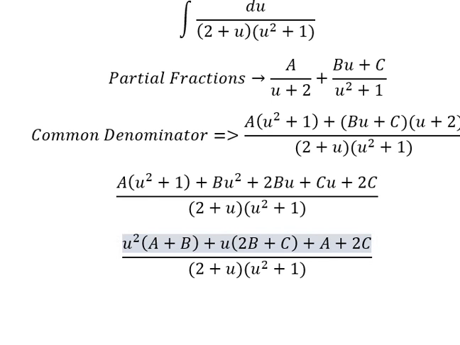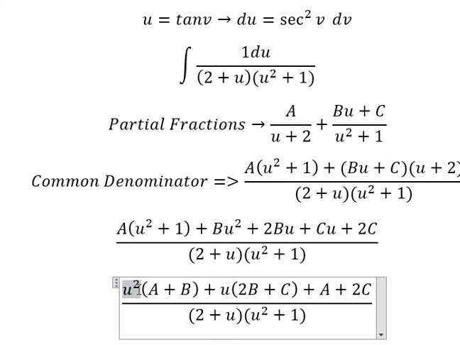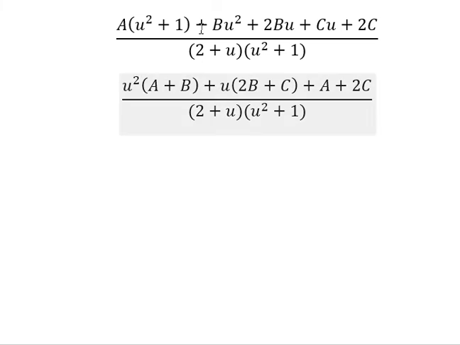And now if we look carefully, we have the coefficient in here, that's number 1. So A plus 2C equals 1. We don't have u squared in here, so A plus B equals 0. 2B plus C equals 0. And now we create the system of equations.